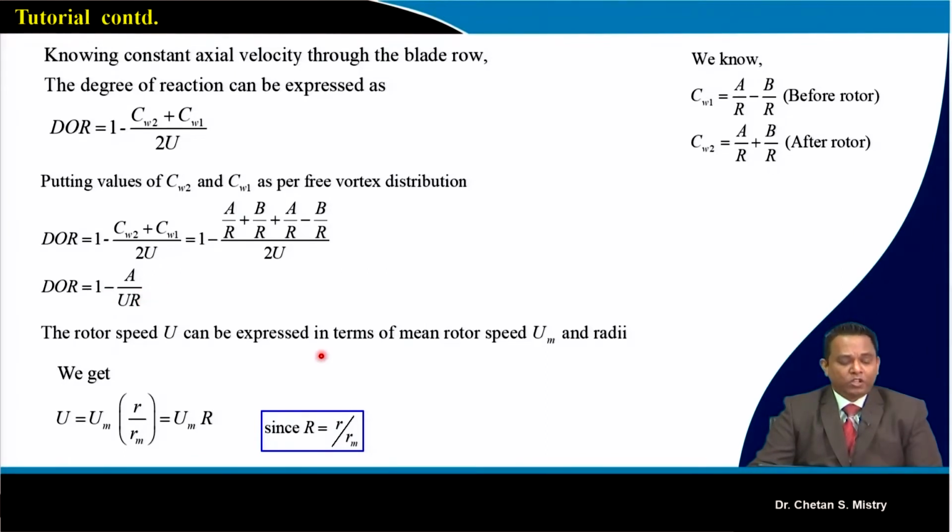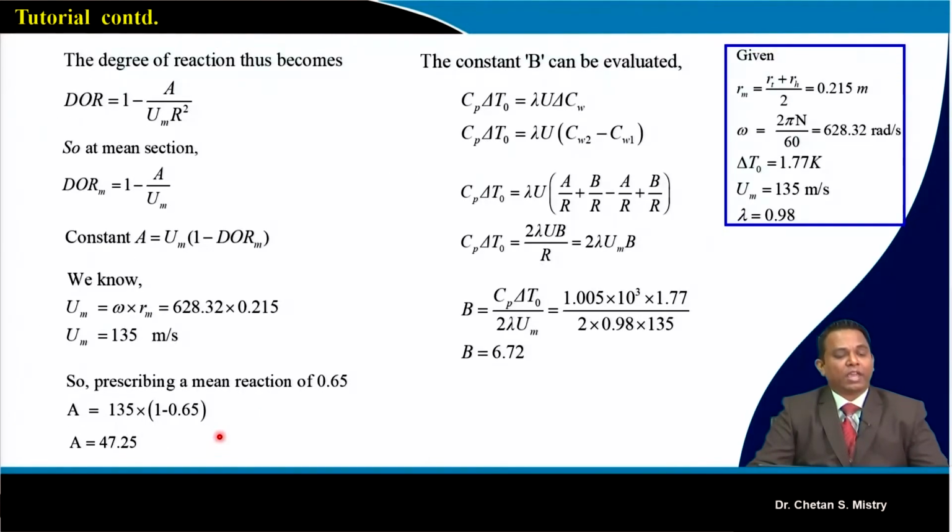Now, we have taken capital R as r by Rm, so we can write the peripheral speed at a particular station as U equal to U mean into capital R. So the degree of reaction is given by 1 minus A divided by Um into R square.